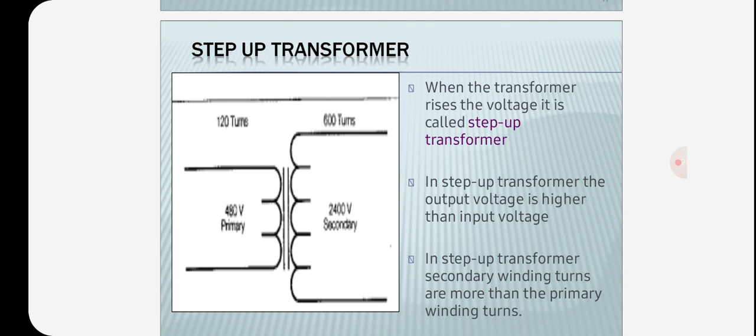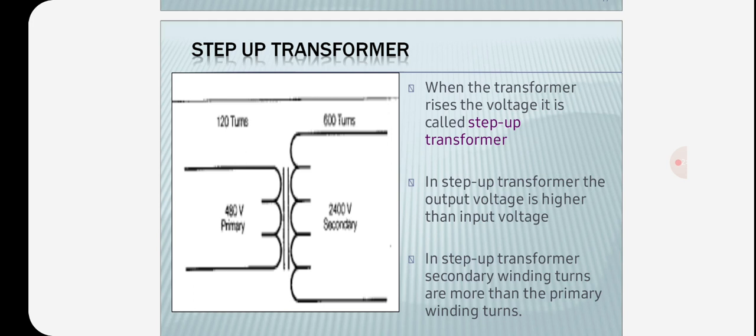Since this flux is alternating and links with N1 and N2 turns, it induces an EMF E1 and E2 in the primary and secondary windings.